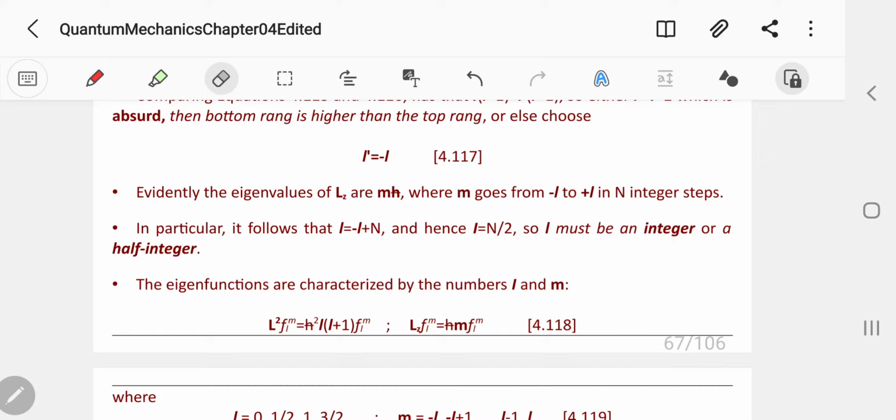So your eigenfunctions are characterized by L and M. So you have here this one.